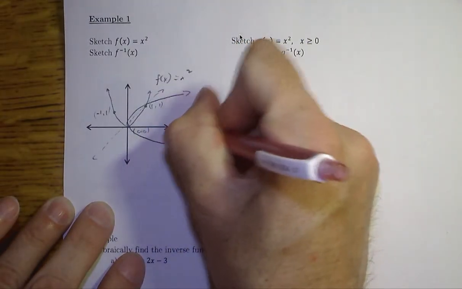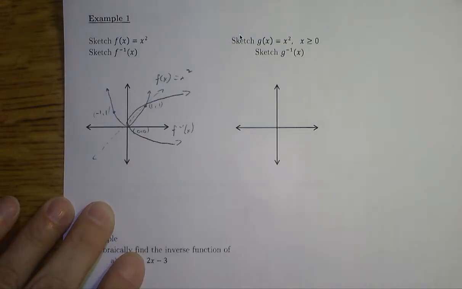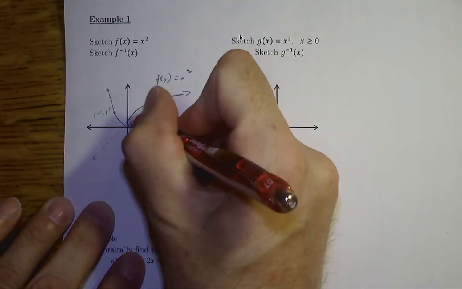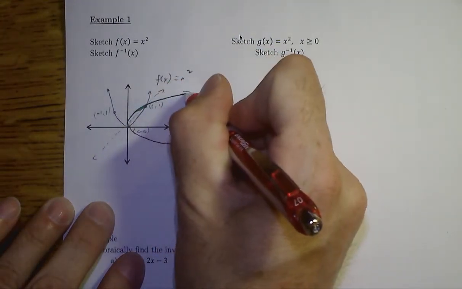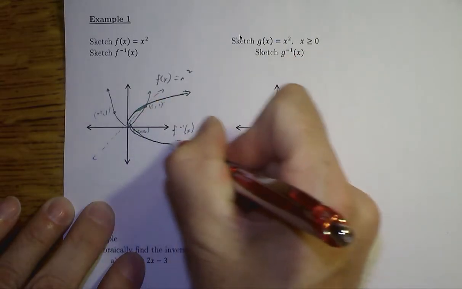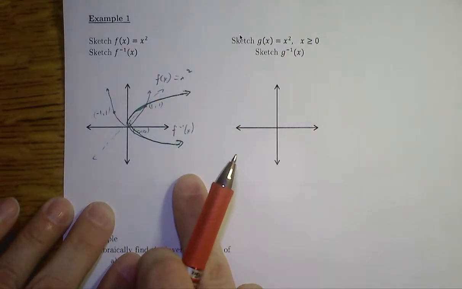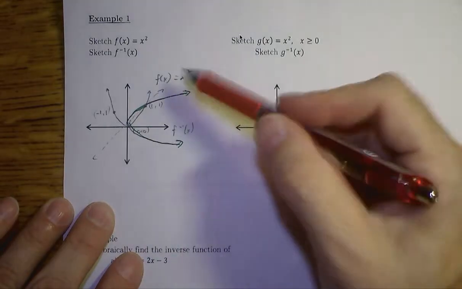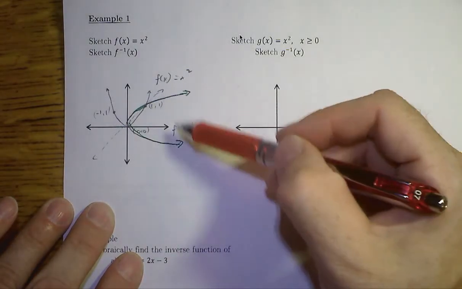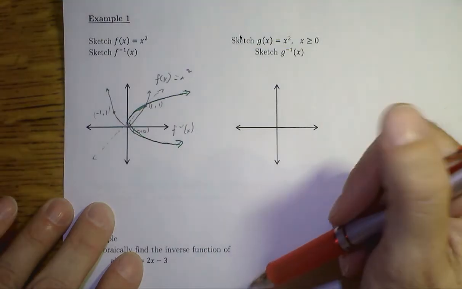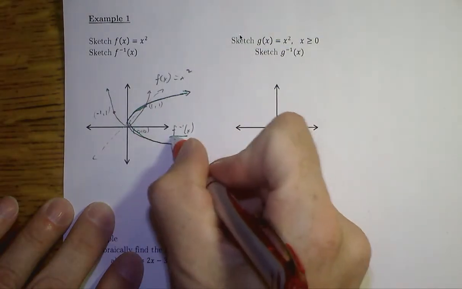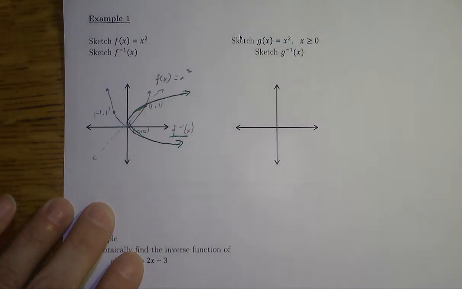Now, I think it's quite evident that the inverse here, the green one, oh, I can't even use the word function. So the inverse is indeed the inverse for f of x, but the inverse itself is not a function. So I would probably not use this notation.